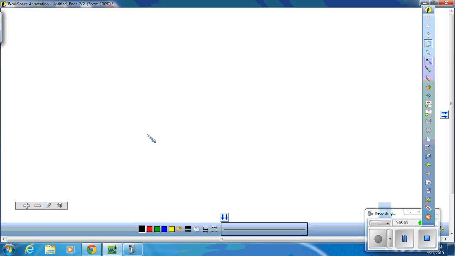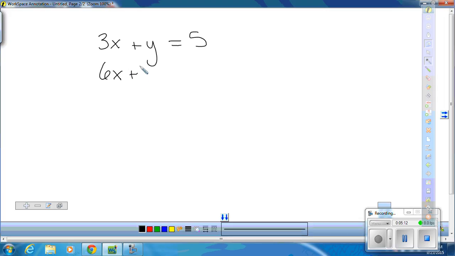So you may have, for example, something like 3x plus y is equal to 5, and 6x plus 2y is equal to 10. And this is our system of equations. So right now, I don't have anything that's opposite of each other. And so adding these together would still give me one equation with two variables in it, and that's not going to do me any good.